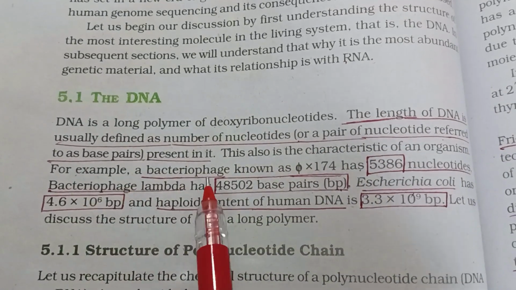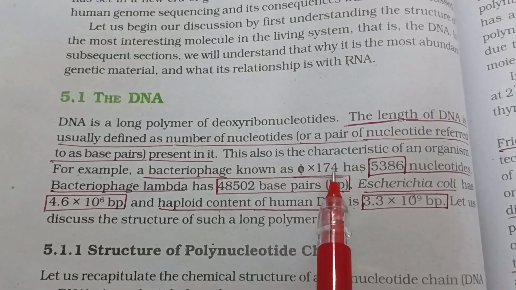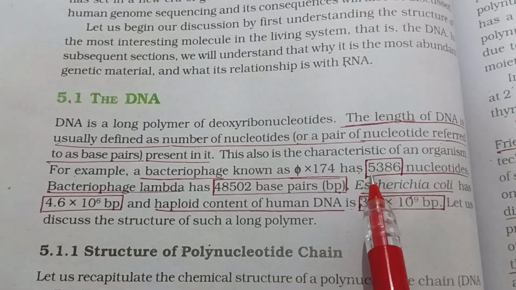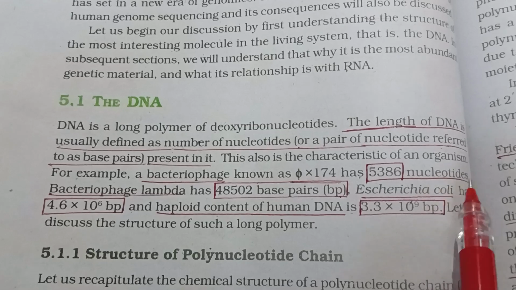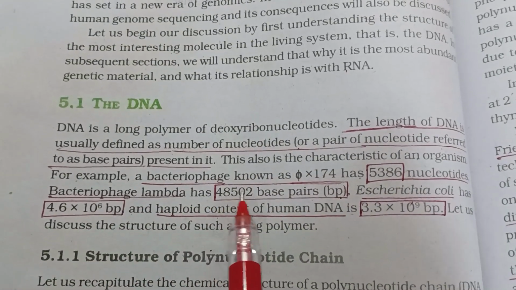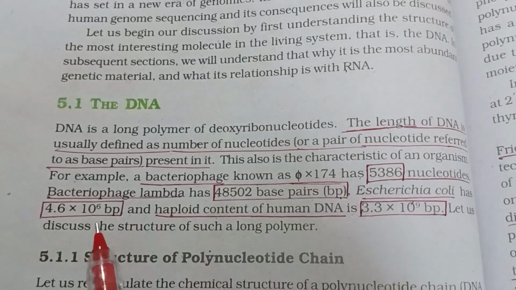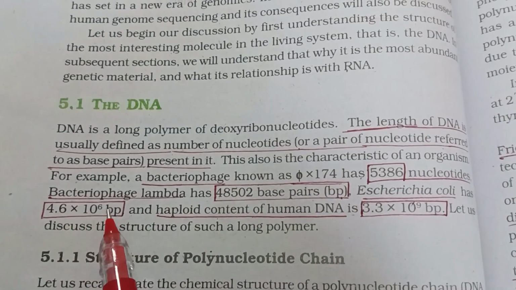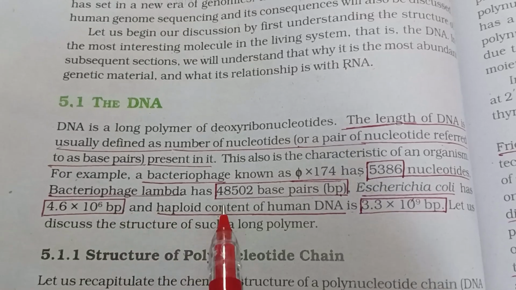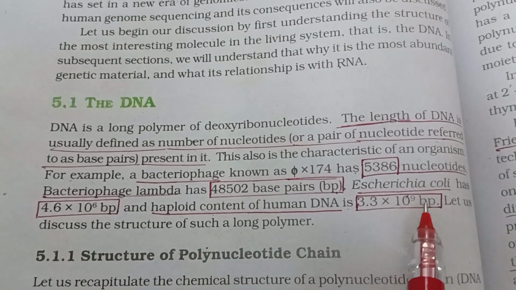For example, a bacteriophage known as Phi 174 has 5386 nucleotides. Bacteriophage lambda has 48502 base pairs. Escherichia coli has 4.6 × 10^6 base pairs, and the haploid content of human DNA is 3.3 × 10^9 base pairs.